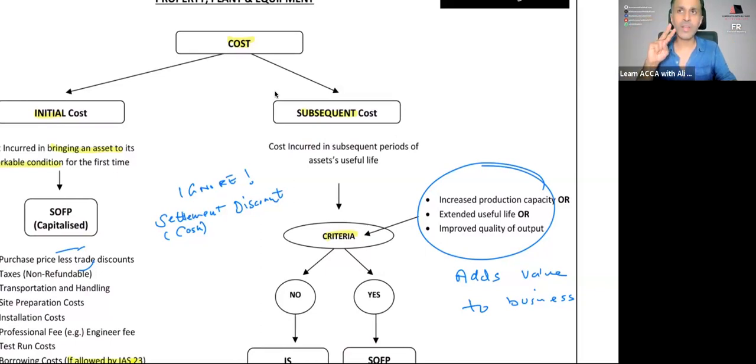So constructing the 2 stories is, first of all, a subsequent cost, because I have incurred that cost today, after 3 to 4 years of purchase of that building. It's a subsequent cost. But constructing the extra 2 stories will add value to the business.